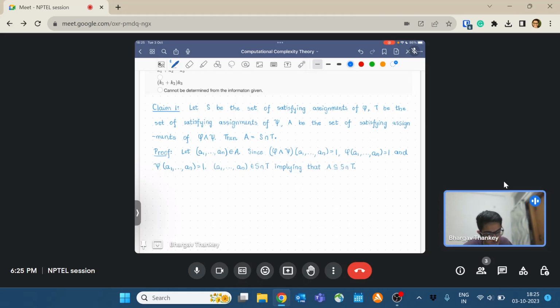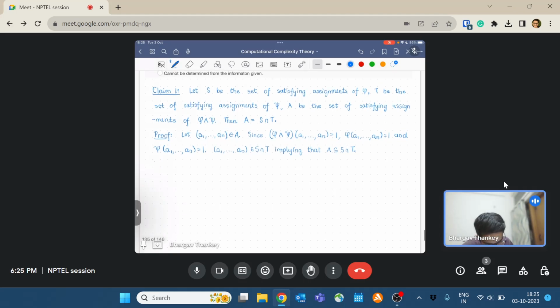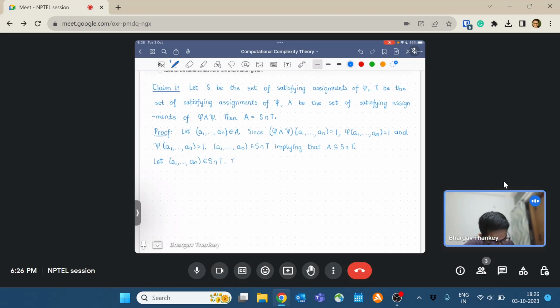Okay, so now let's do the other direction. So let A1 to AN be in S intersection T. Then phi of A1 to AN is true, and psi of A1 to AN is also true, right?